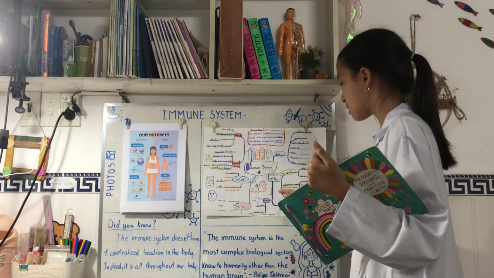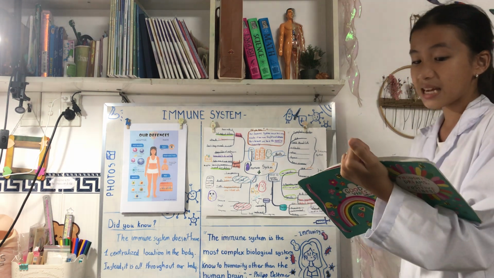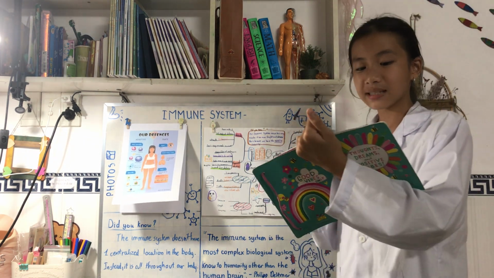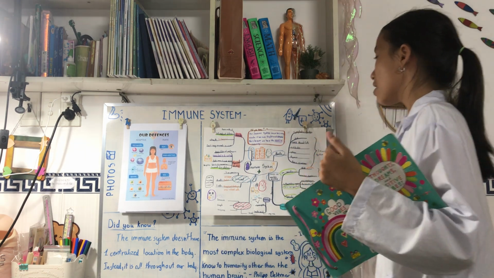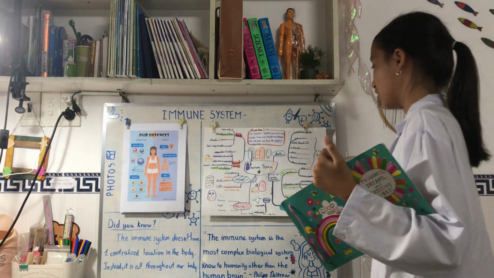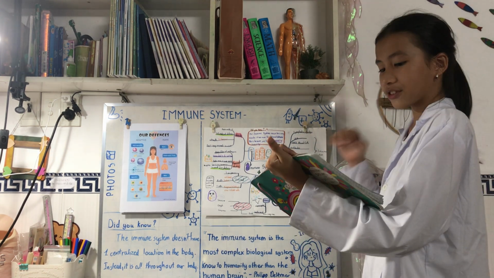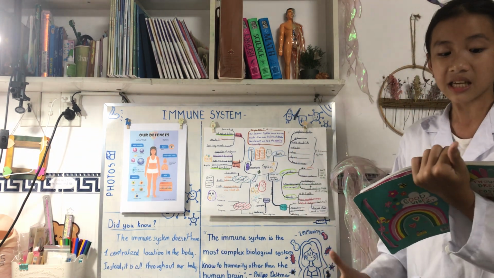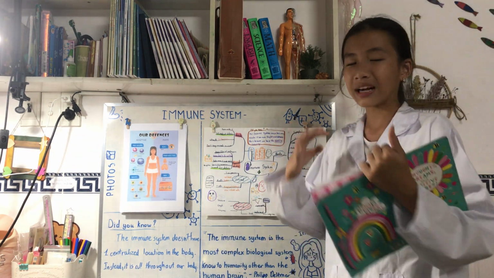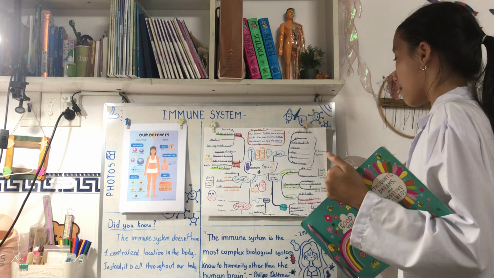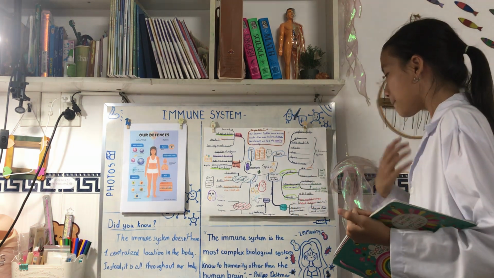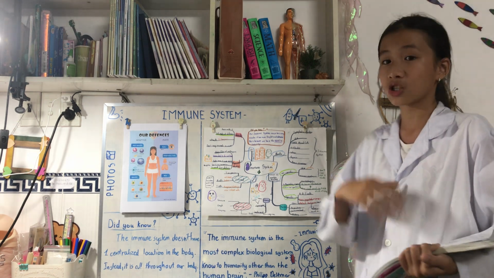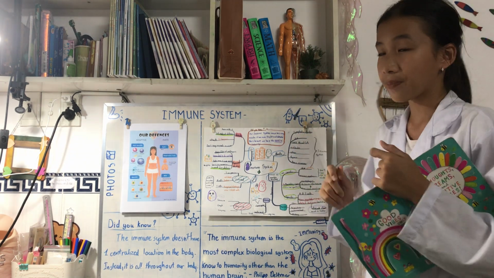Then we have the specific kinds, which includes the B and T cells. Well, the B cells make antibodies which aid in helping fight against pathogens. It also has T cells, which is lymphocytes, and lymphocytes help to regulate the immune response. And it has a more targeted response, meaning that it detects the antigens on the bacteria.